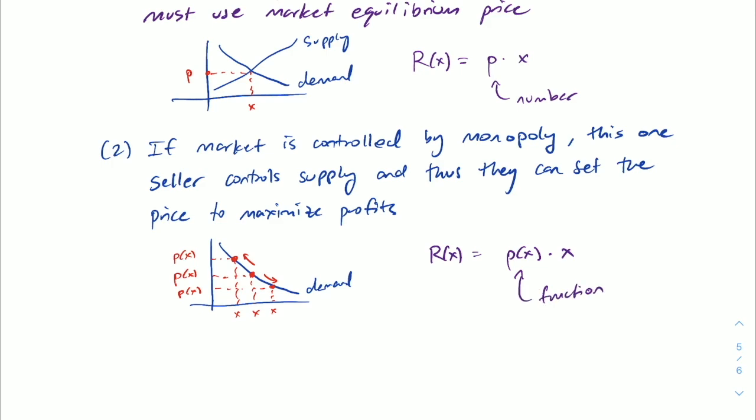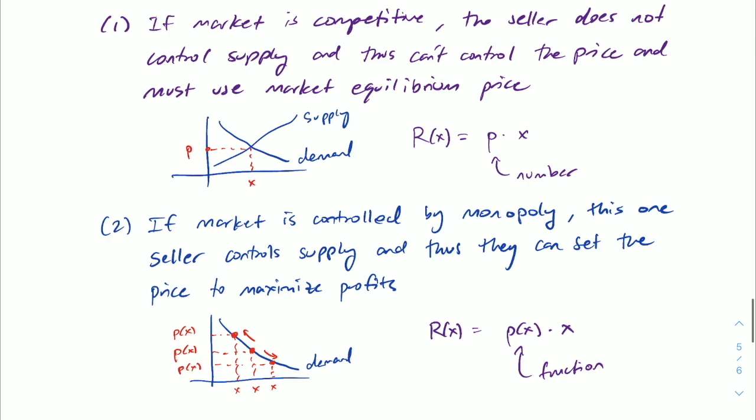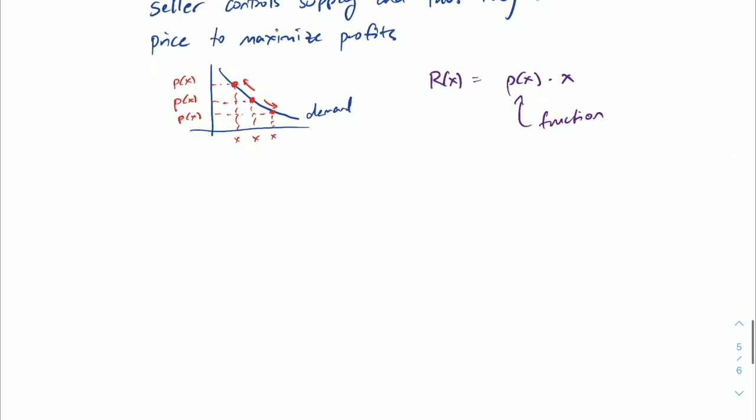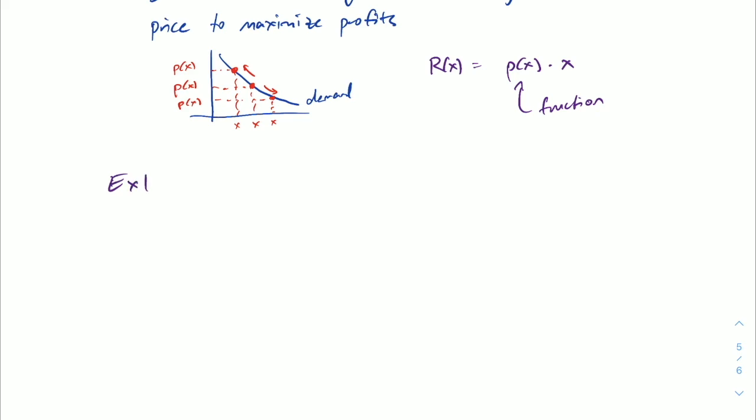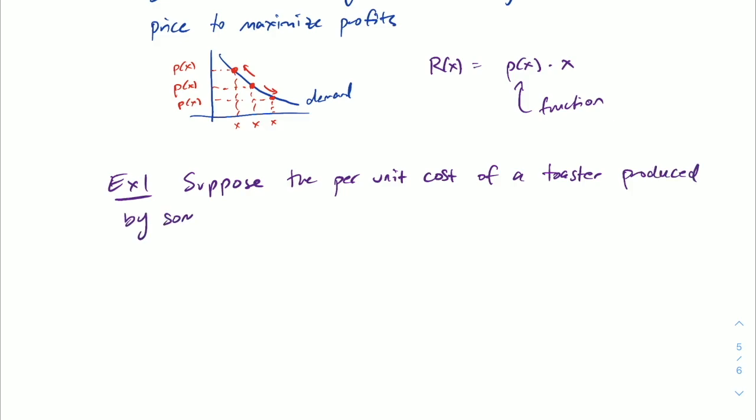Okay, so let's look at an example. Call this example 1. Suppose the per unit cost of a toaster produced by some factory is C bar, average cost is 25 plus 0.1x.